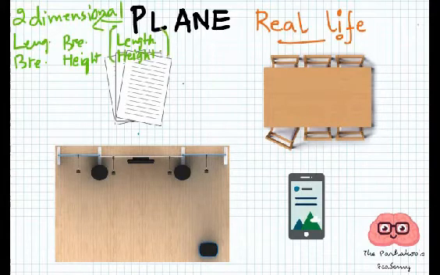These are the possible scenarios, but it has only two dimensions, that means two measurements. In real life, such a plane which has exactly two dimensions is impossible, because we live in a world where we see 3D, or three-dimensional, things. For the purpose of studying, we can neglect one dimension, so we can consider it as a plane.